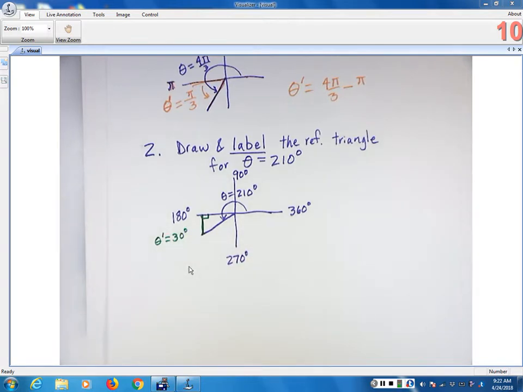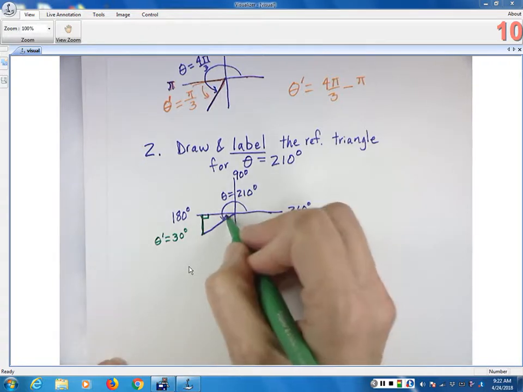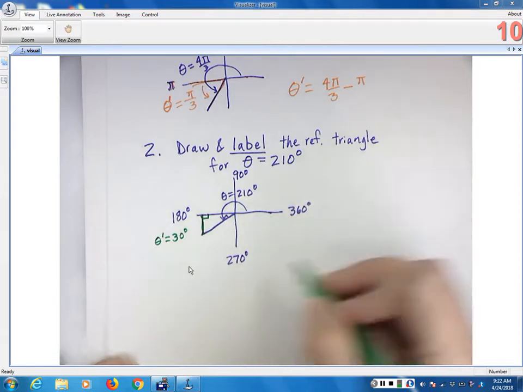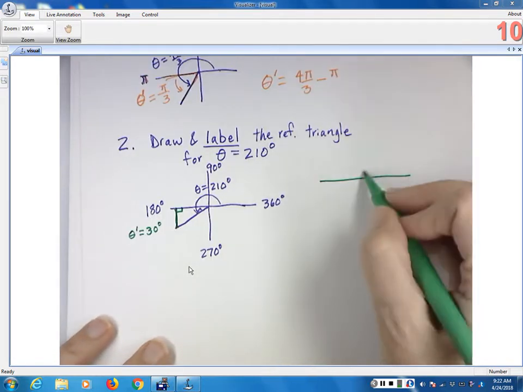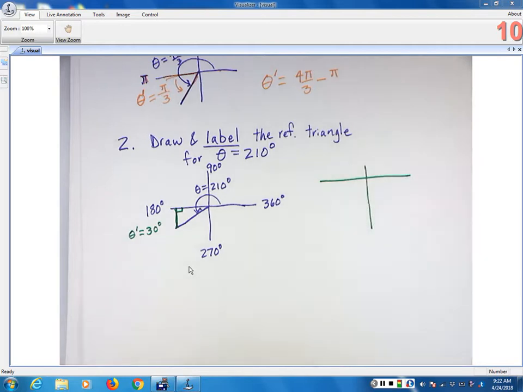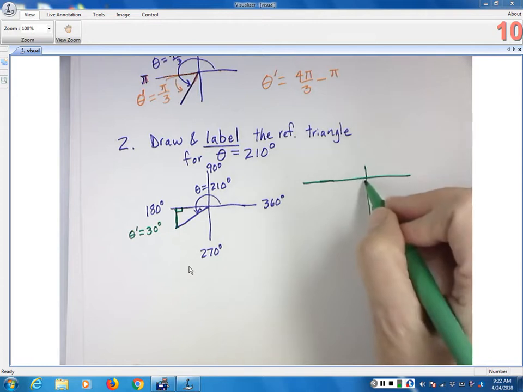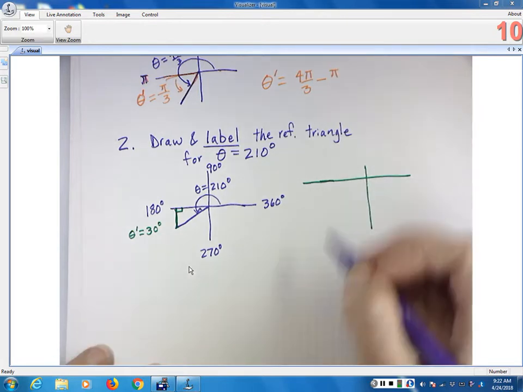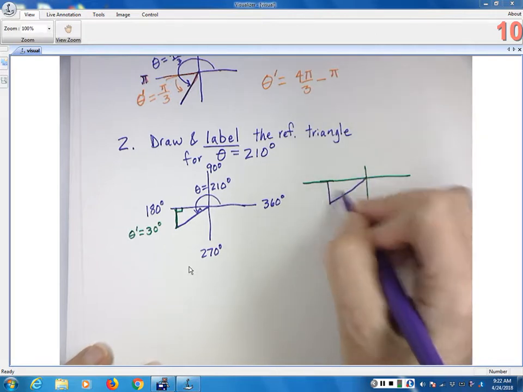So this is kind of small. Okay, so this is a 30, 60, 90. So let me make it a little bigger. The two reference triangles we have are the 30, 60, 90 and the 45, 45, 90.